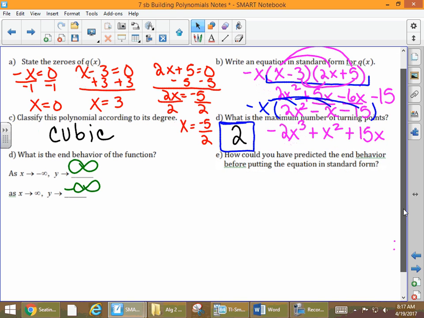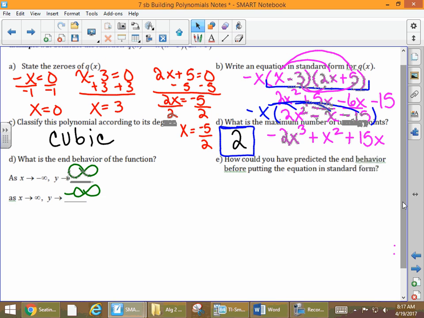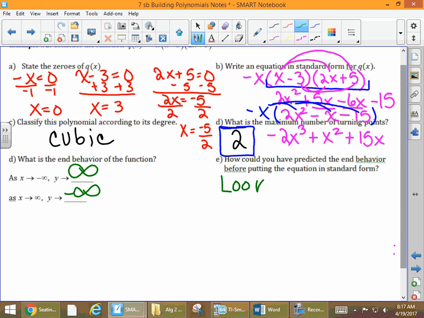And finally, how could you have predicted the end behavior before putting the equation in standard form? The leading coefficient. Look at the leading coefficient.